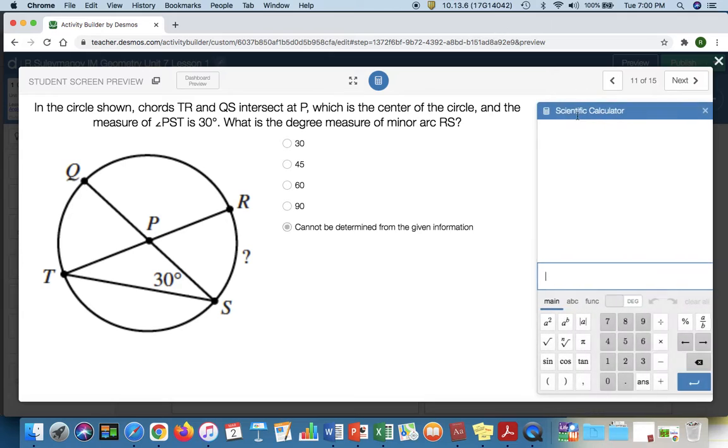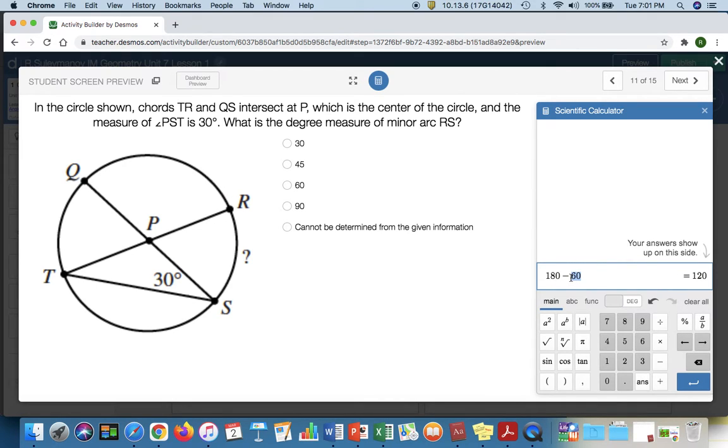And here, if I utilize the calculator feature, right, I could identify that angle T here is going to end up being 30. So angle TPS would be 180 minus 60. And in this case, I think we're asked for minor arc RS. This is reviewing linear pairs. So we could say that angle RPS is 180 minus 120, right?